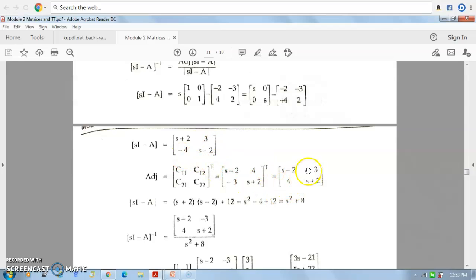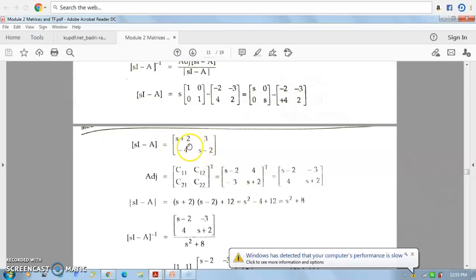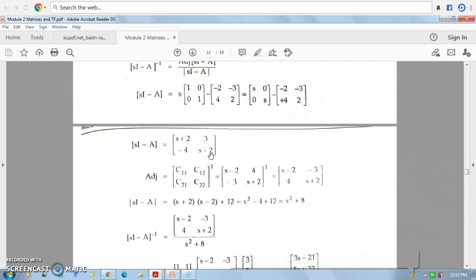Next, for the diagonal terms s plus 2 and s minus 2, just reverse the elements: s plus 2 changes to s minus 2, and s minus 2 changes to s plus 2. You can write this directly, otherwise you can find the minor, cofactor and adjoint. If they ask for a 2 cross 2, you can write the adjoint directly: reverse the two diagonal terms and change the sign of the other two.